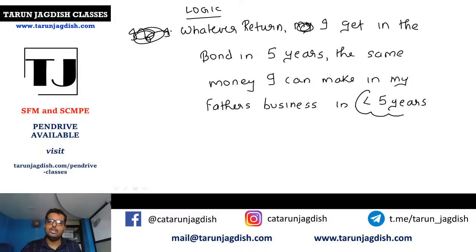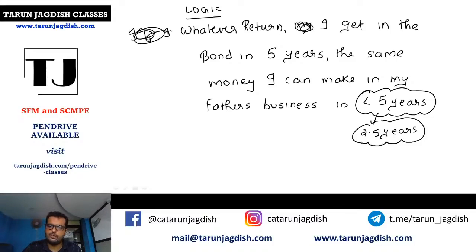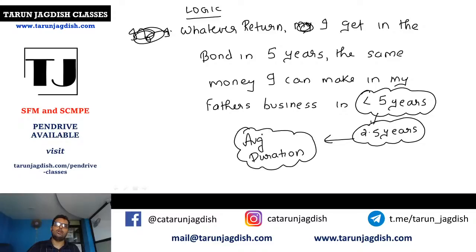The precise answer I will show you later. If you say the answer is 2.5 years or 2.6 or whatever, that answer is what we call average duration. Can you please write this down in your books now?